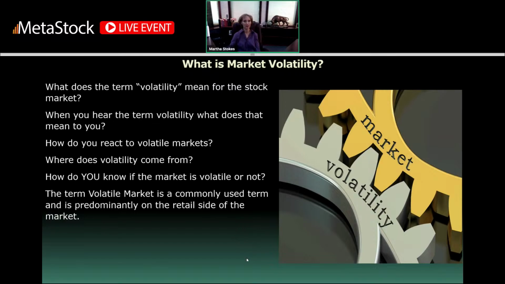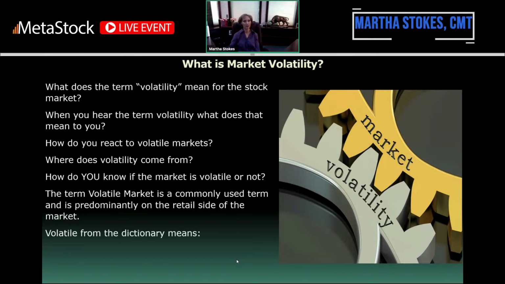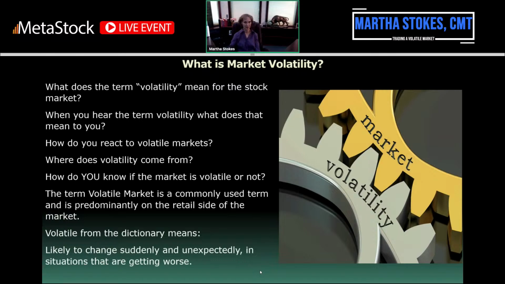The term volatility market is a commonly used term and is predominantly on the retail side of the market. I don't hear it on the professional side at all. Volatile from the dictionary means this: likely to change suddenly and unexpectedly in situations that are getting worse.